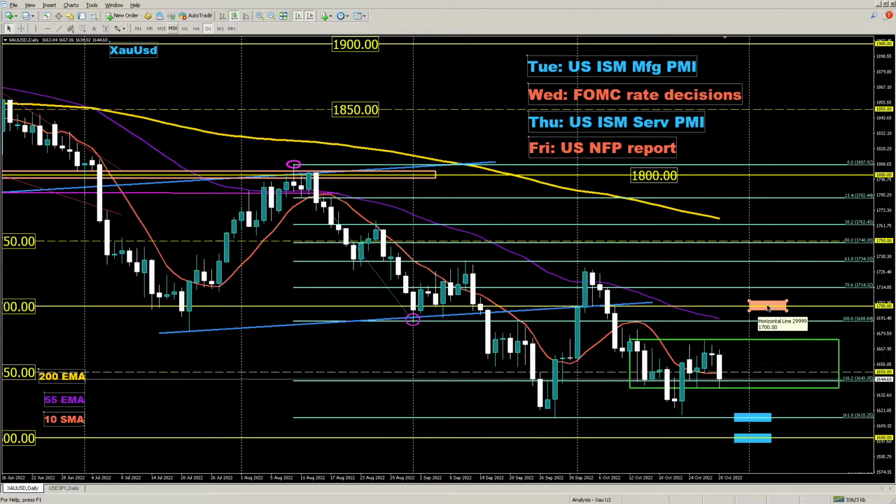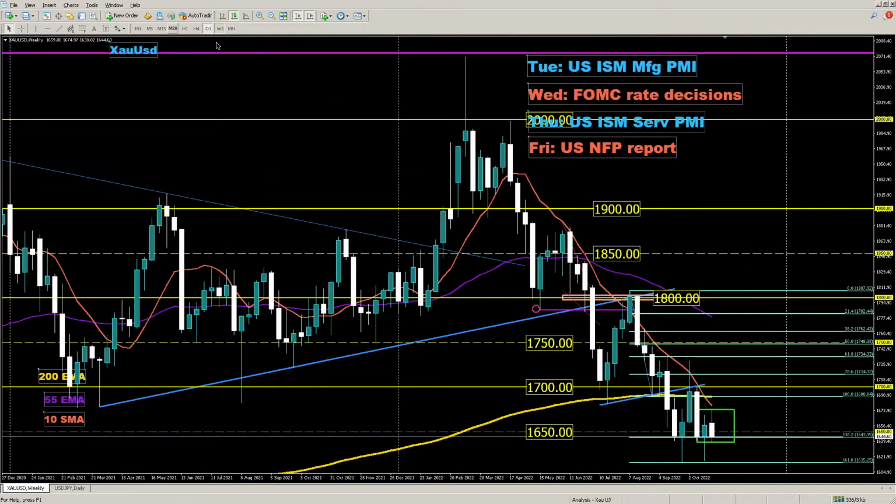So yes, the 1700 is still going to be a key resistance level, and it closed slightly lower, bearish for the week and in a narrow range. So yes, next week is likely going to be a breakout or breakdown. It has already tested the 162 fib extension twice with this double bottom here. Now we'll see if it's going to be tested a third time.